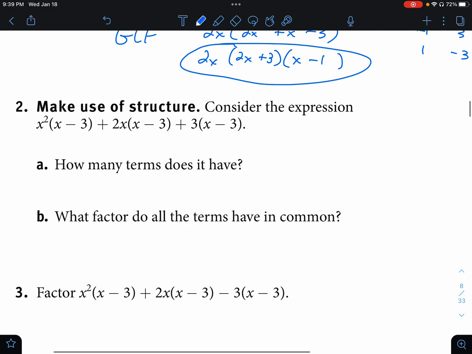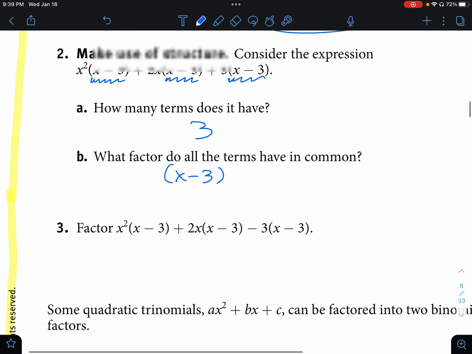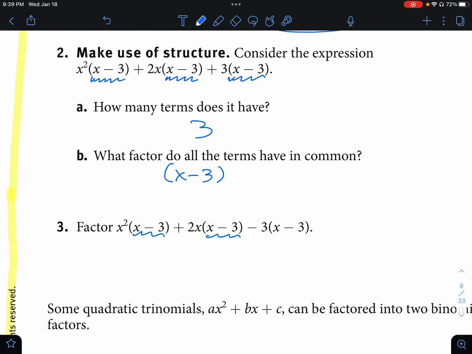The next part is inching us towards grouping. Instead of a common letter and number like 2x, we can take a whole parentheses out that's common, right? So we have 3 separate terms here, but they all have this x minus 3 in common. So what we can do is take that x minus 3 out to the front, and that'll leave x squared plus 2x minus 3.